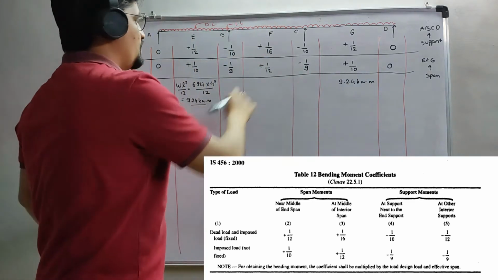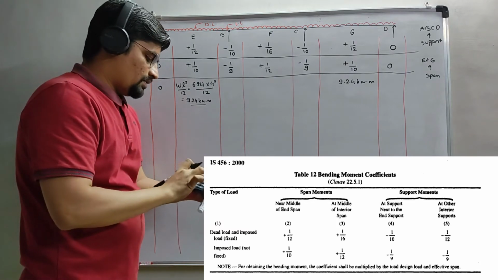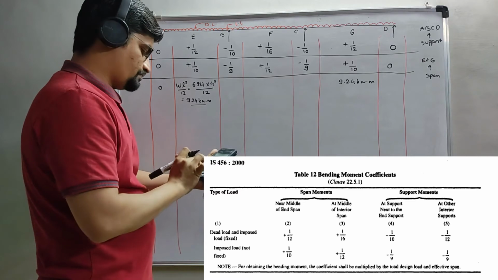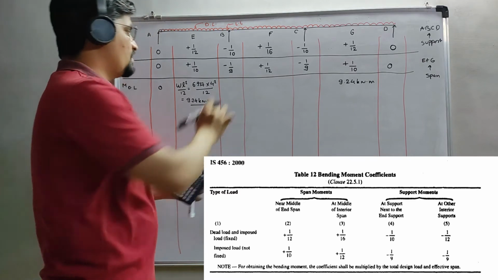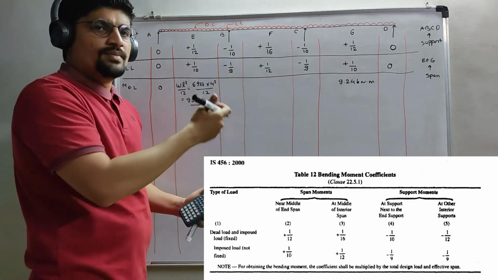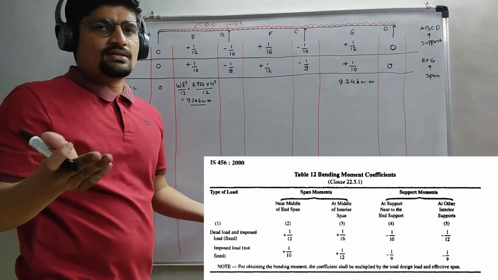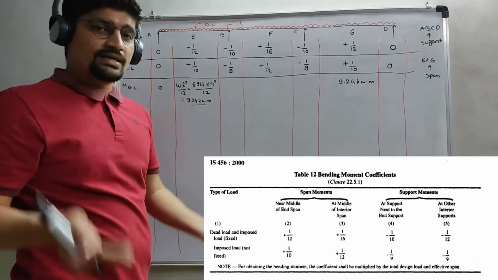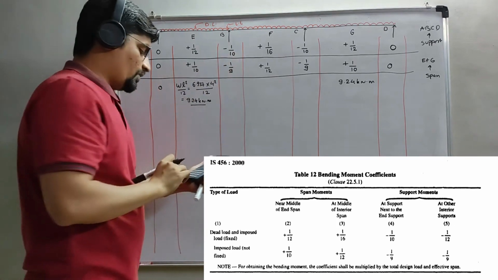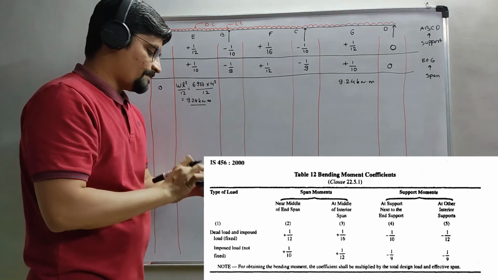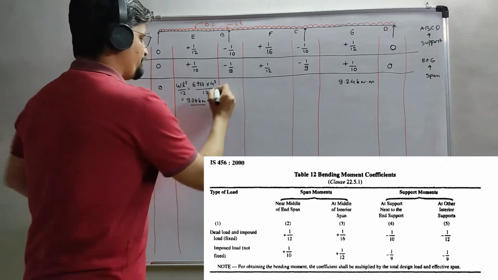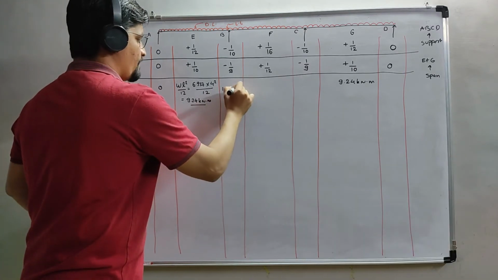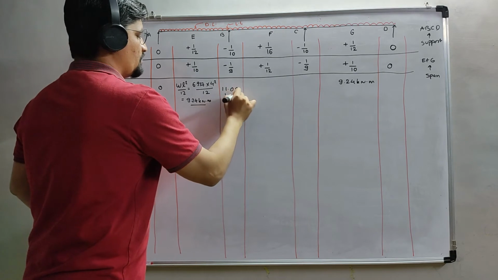Let me solve it very fast. So 6.9375 into, here also, but the value will be minus. If you don't write minus, it is not a problem, because minus sign shows the hogging moment and plus sign shows the sagging moment. Okay, so WL square by 10 is 11.09 kilonewton meter.